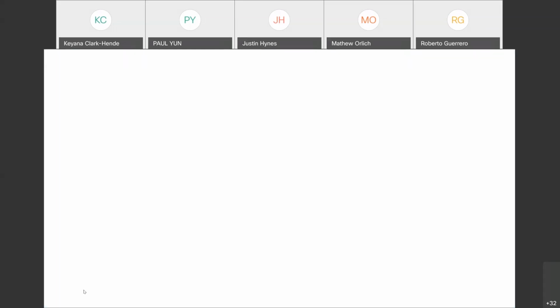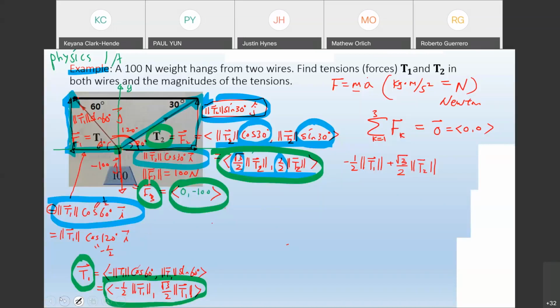And then the j components become 0. Right. So how about the y component? Why don't you add them all? Radical 3/2 T1, take your time, no reason to rush, plus 1/2 T2, add the negative 100, equals 0.